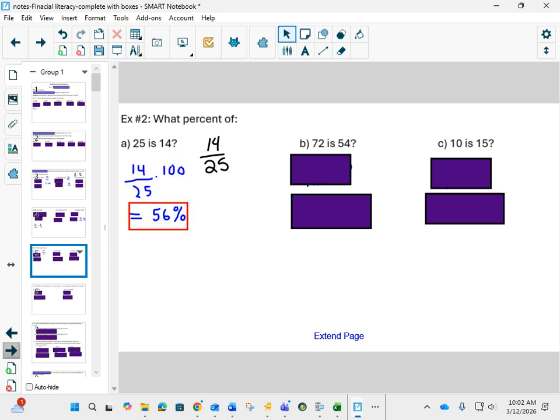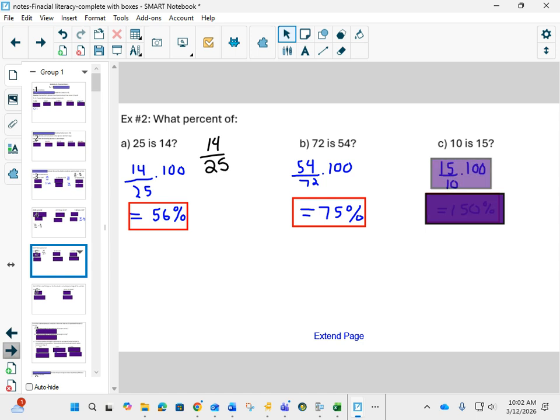Change that to a percent, that's 56%. What percentage of 72 is 54? That's 54 out of 72, 75%. And finally, 15 out of 10 is 150%.